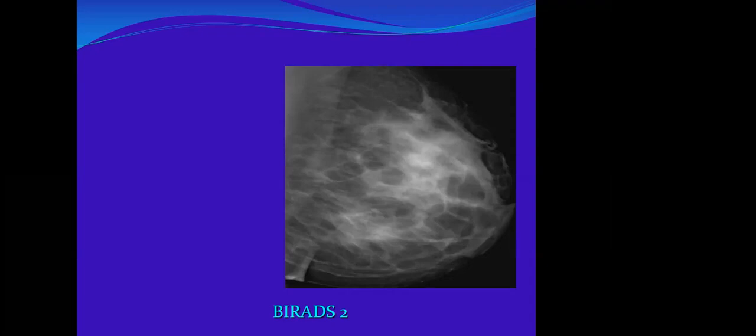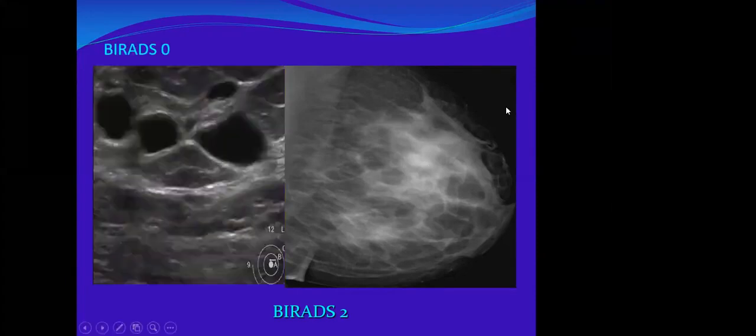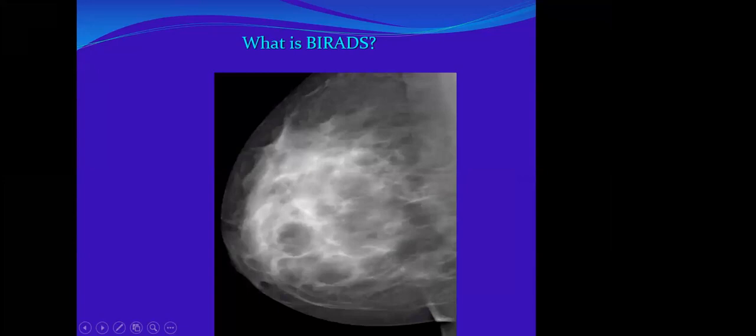Can you see an asymmetry? There are multifocal asymmetries here. Can you see it? These multifocal asymmetries are seen here. This should be BI-RADS 0 on mammography and BI-RADS 2 on ultrasound. After ultrasound. Okay.